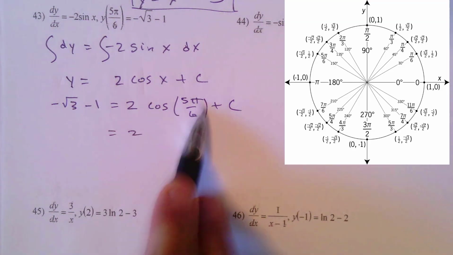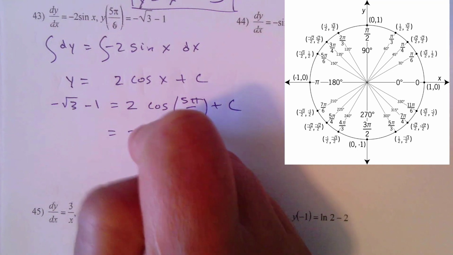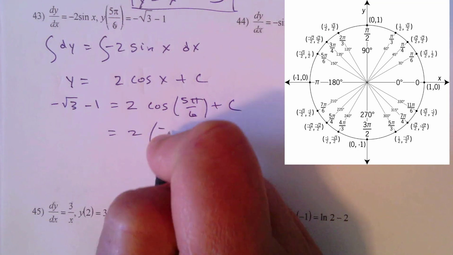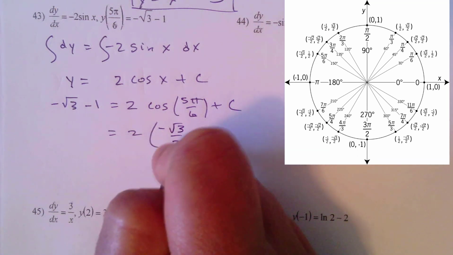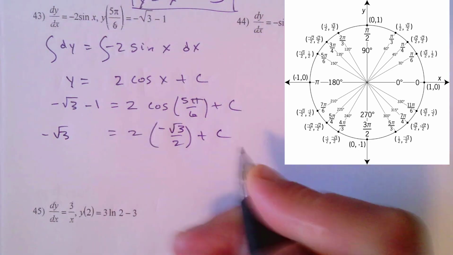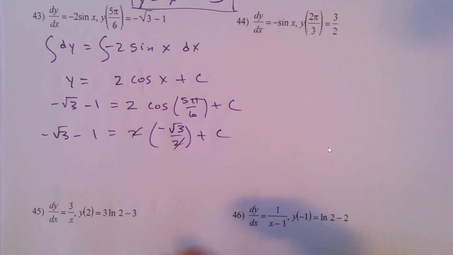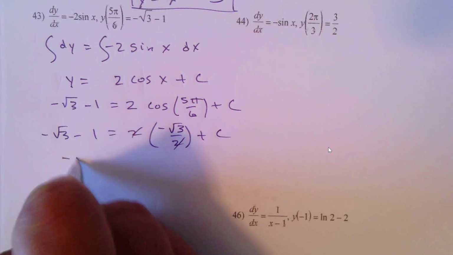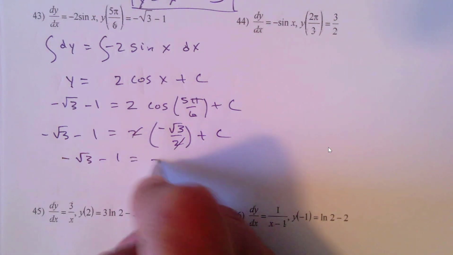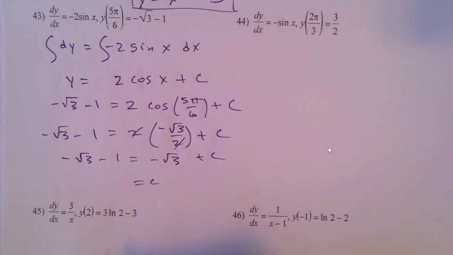And then we have to look up on the unit circle, what is cosine of 5 pi over 6? Cosine of 5 pi over 6, you can check, is going to be negative square root of 3 over 2 plus c. Here the 2's would cancel, and that's going to give us negative square root of 3 minus 1 equals negative square root of 3 plus c. So it should be pretty easy to see that c is going to be negative 1.